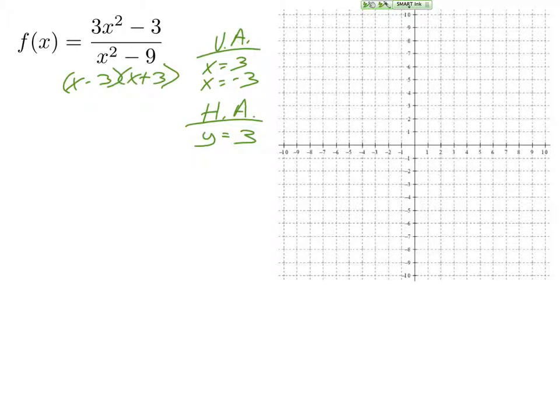So there's that. What's my domain, Matt? Your domain is all real numbers except x equals 3 and negative 3. Okay, what about zeros? Does this thing have any zeros?